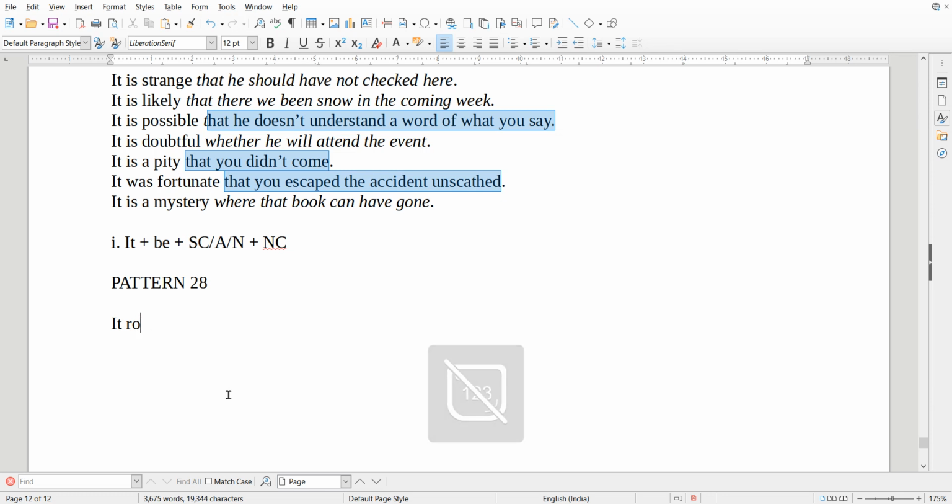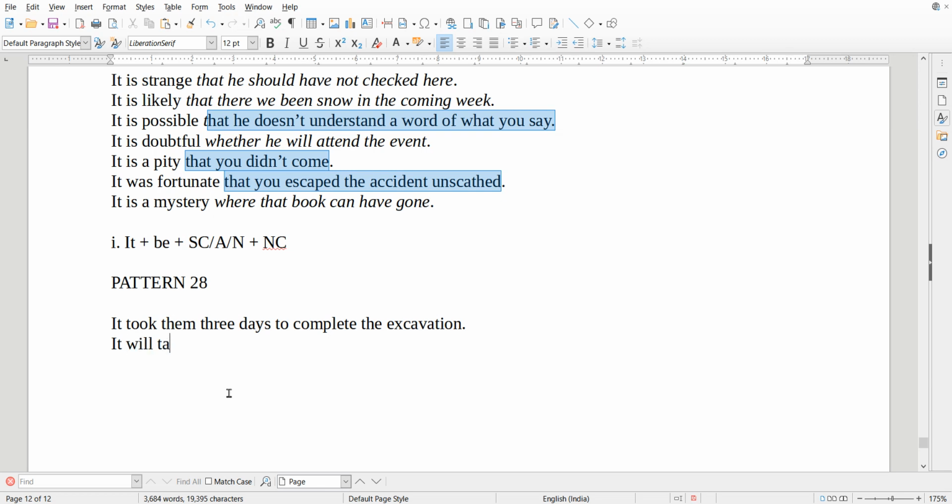It took them 3 days to complete the excavation, for example. It will take me some time to complete my studies, for example.